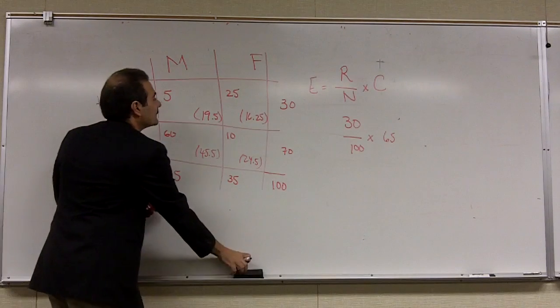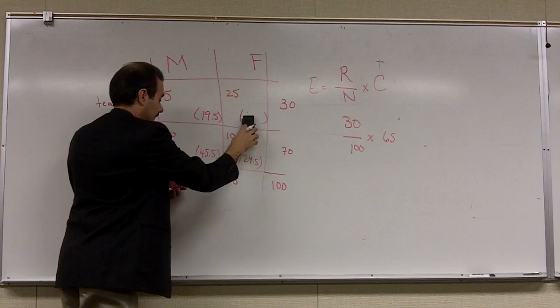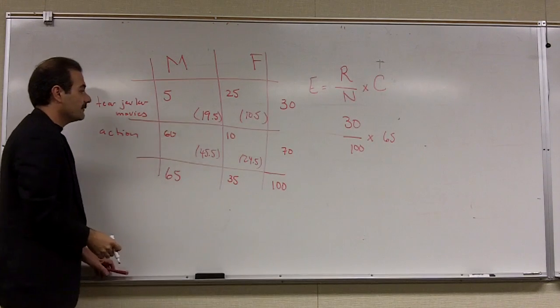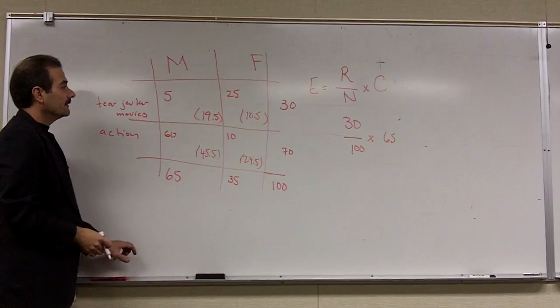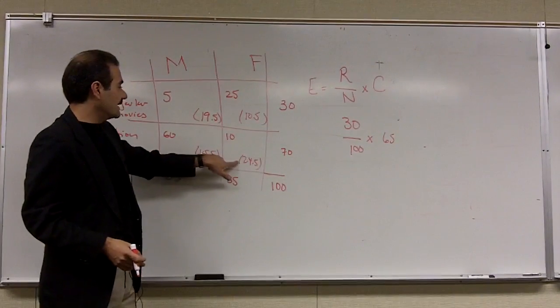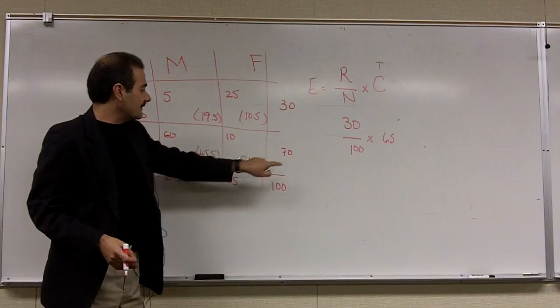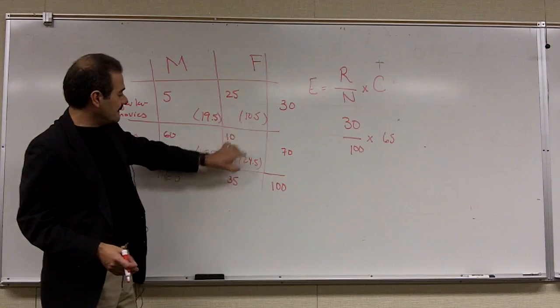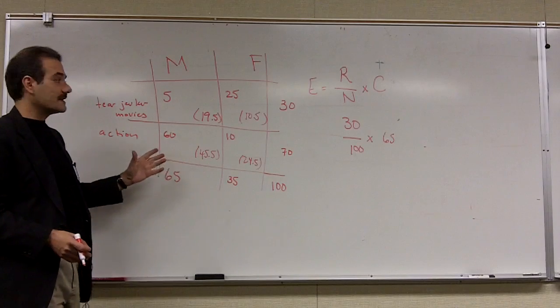Oh, screwed up. Okay, so let's take a quick look at this. You can see when you add these guys together, you get a 30. When you add these guys, you need to double check. You get a 70. And then when you add these guys together, you get a 65. You add these guys, you get a 35. So that now makes sense.